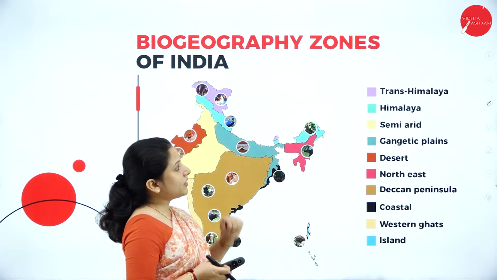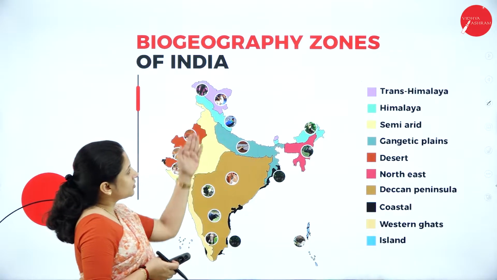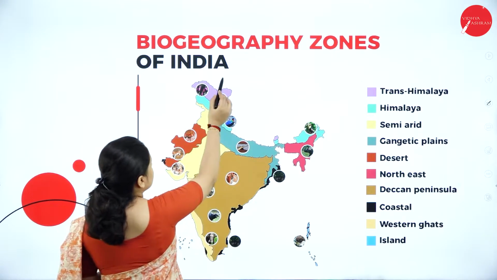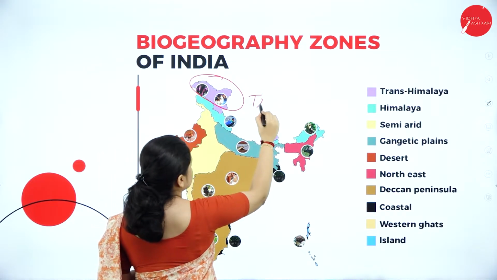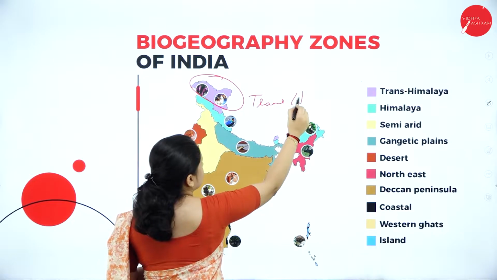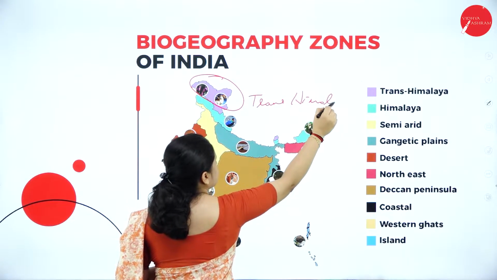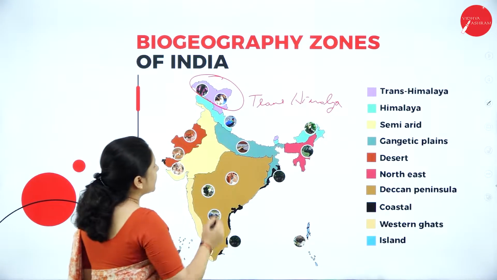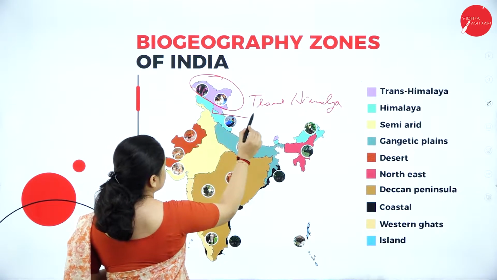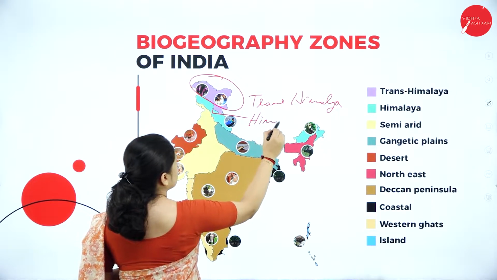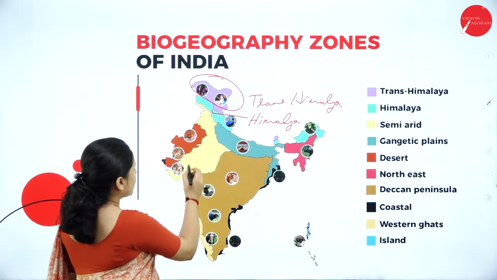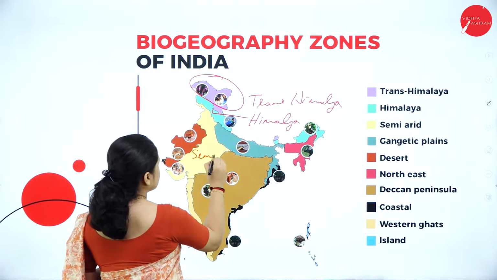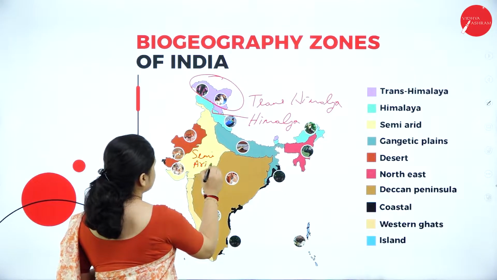The first one is the Trans-Himalayas. So this is the Trans-Himalayan zone. Then we have the Himalaya zone. Then comes the semi-arid zone.